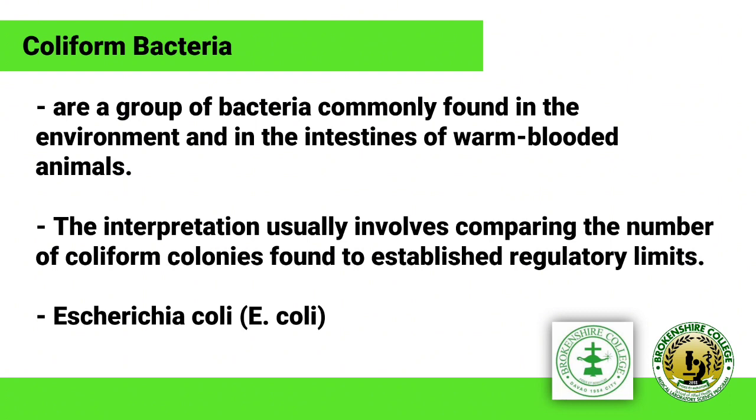Its presence in water is a strong indicator of recent fecal contamination and the potential presence of other pathogens, similar to coliform bacteria. The interpretation involves comparing the number of E. coli colonies found to regulatory limits.